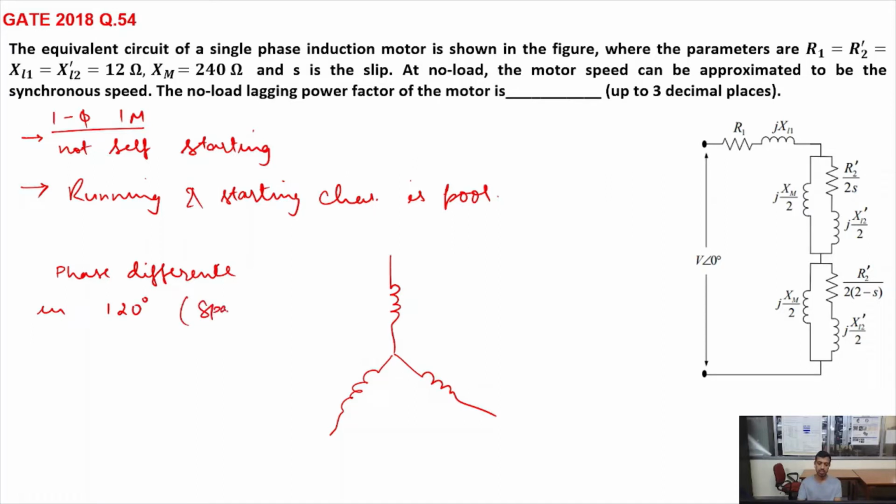Then it will create a rotating magnetic field due to which our rotor will rotate and torque will be produced. So this was the basic philosophy of three-phase induction motor. But what about single-phase induction motor?